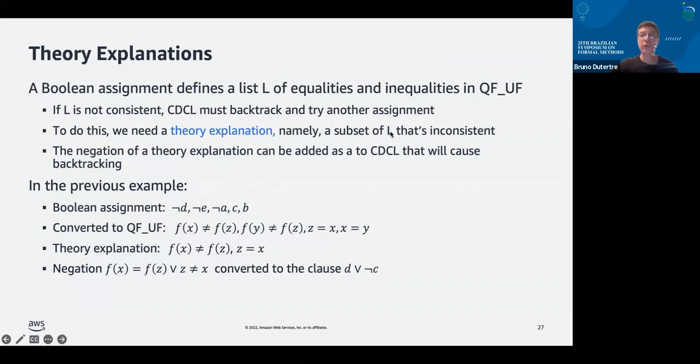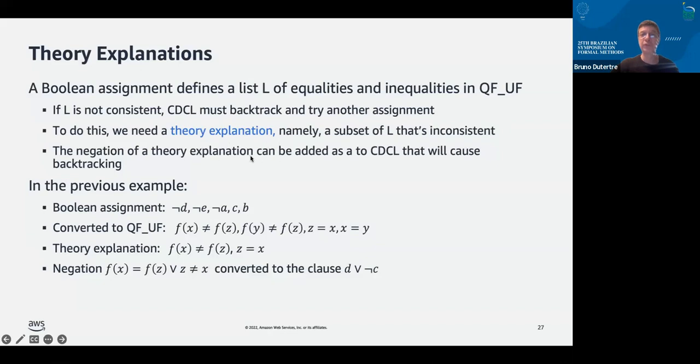So by property of QFUF, the explanation is actually a valid formula in QFUF because the negation of the explanation is inconsistent. So it's valid to add the explanation as a new derived theorem.